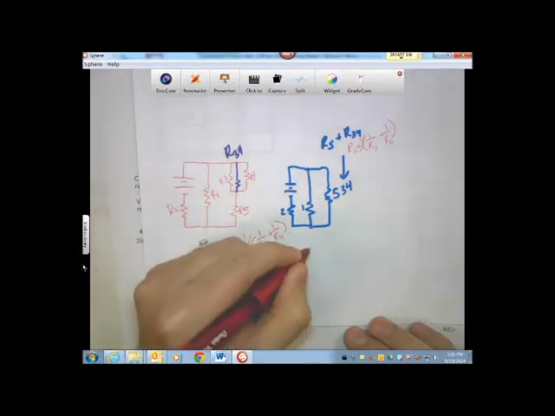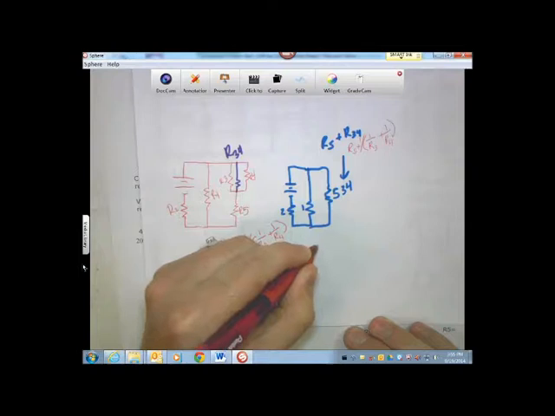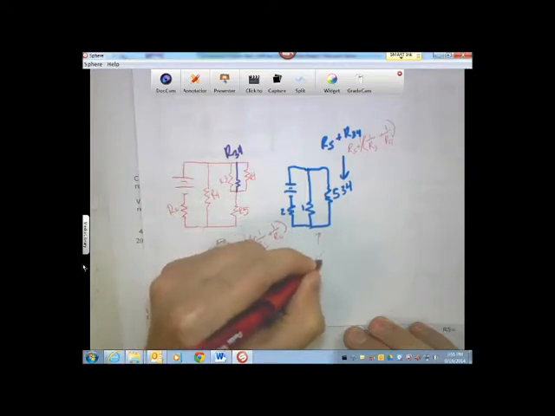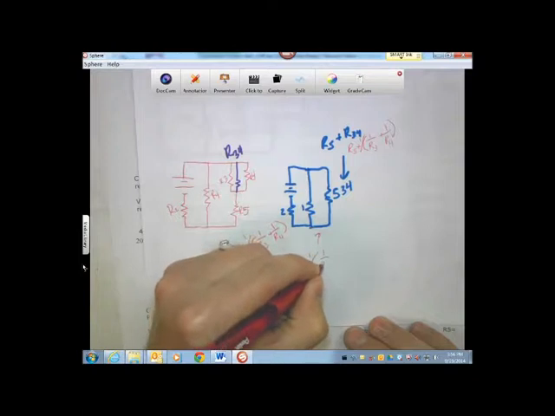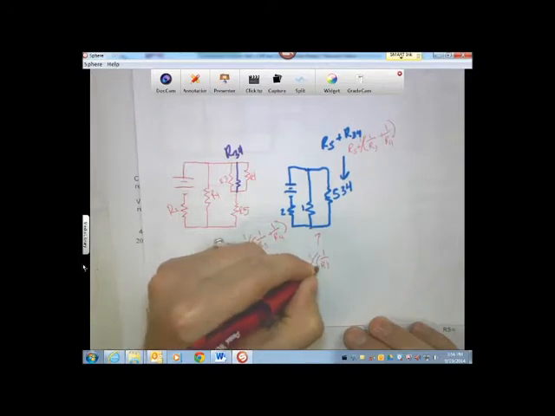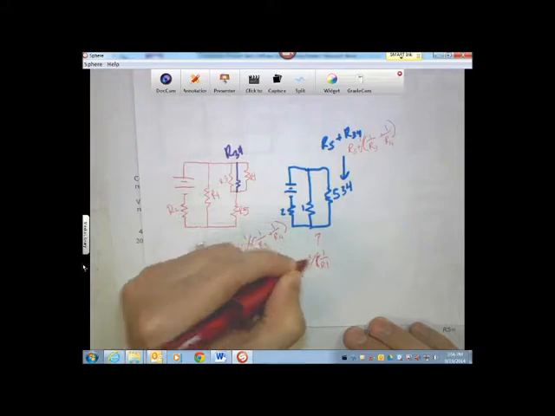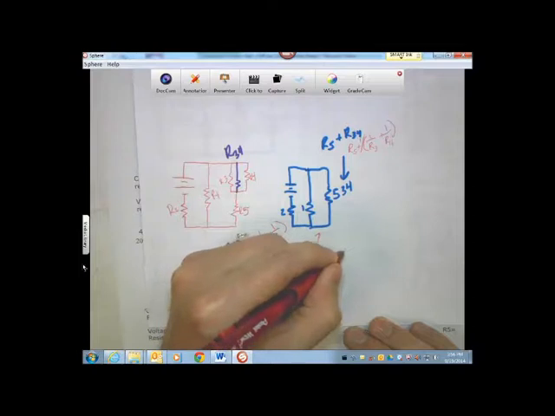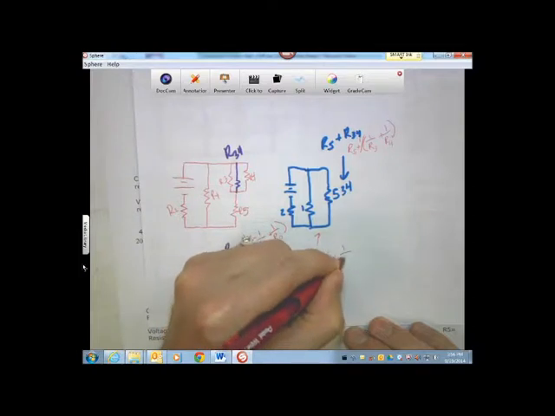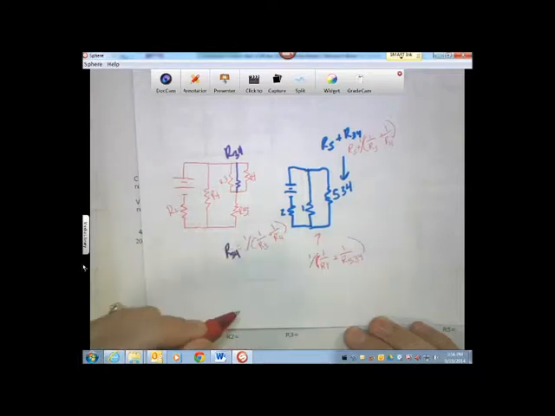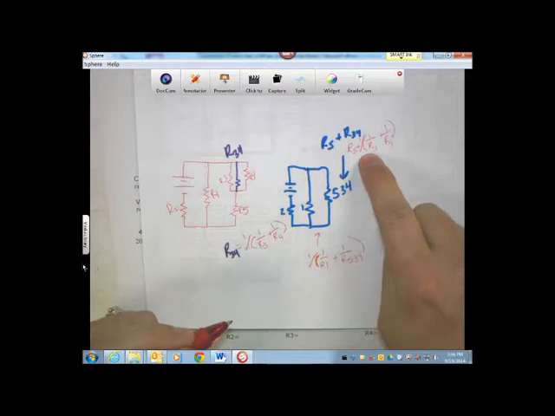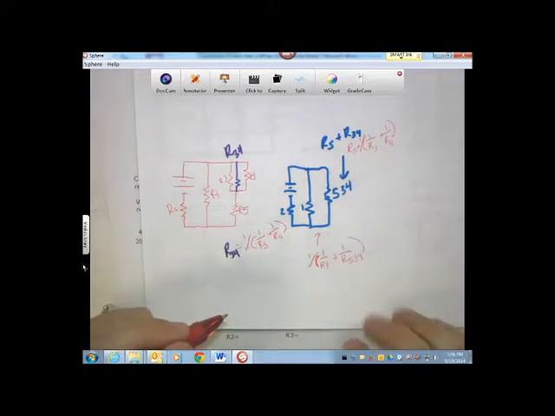And so it becomes 1 over, R1, put all that in parentheses, plus 1 over R5,3,4. Now I could break out R5,3,4 back up into the formula here, but I'd prefer not to do that just for the purpose of not having to write it out.